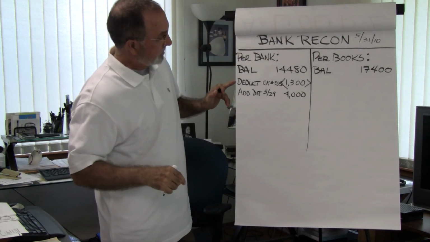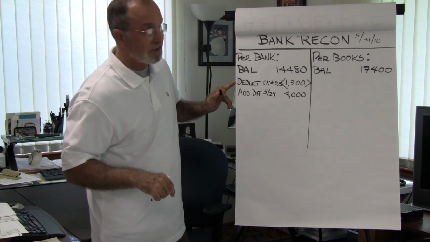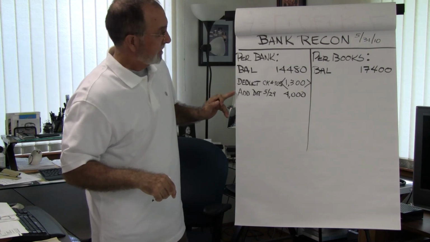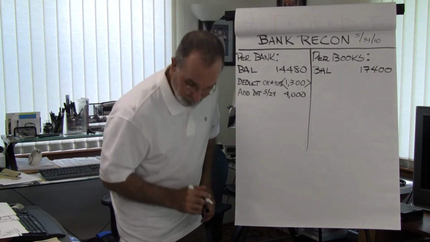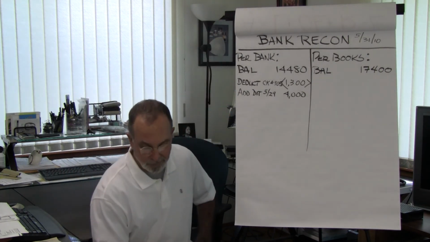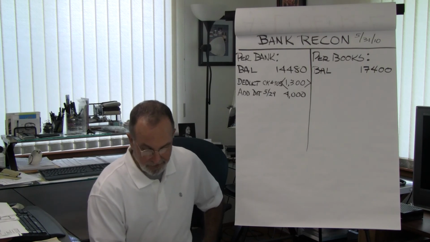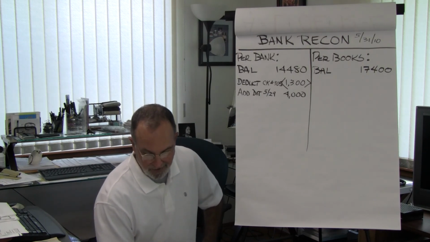So we are deducting an outstanding check from our bank balance, and we are adding a deposit in transit to our bank balance. Let's see what else we can come up with by taking a look at these records.